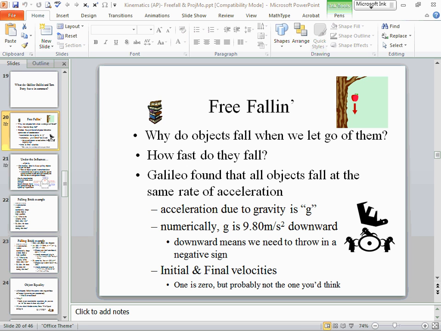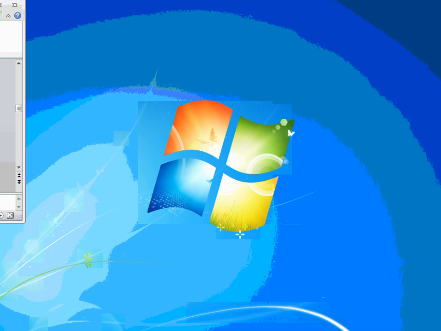We talked about the initial and final velocities. Sometimes they're given without being totally obvious about that. What I mean is, let me switch out the screens here.